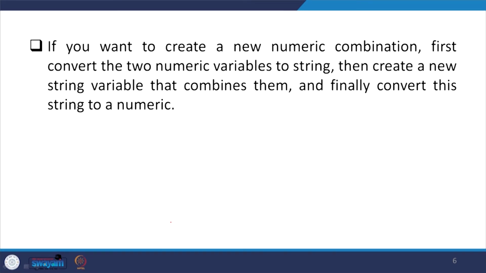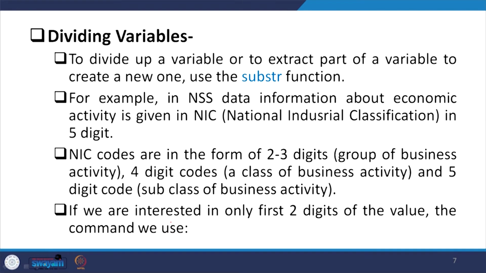Now your combination will be a string. We have already guided you, the destring command is going to be useful. You apply destring on that variable, and it converts to a numeric variable, and then you can work out all kinds of mathematical applications or commands you want to do.